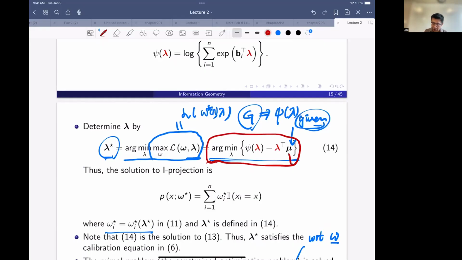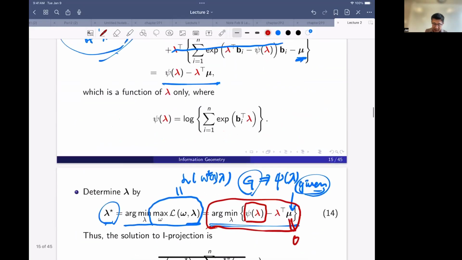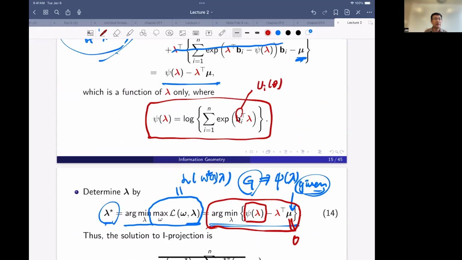And now mu is 0. And psi is this guy, with this b i equal to u i zeta.